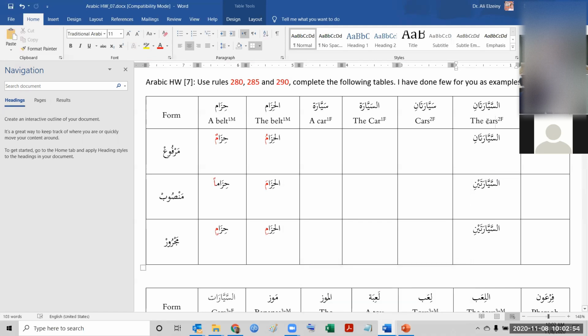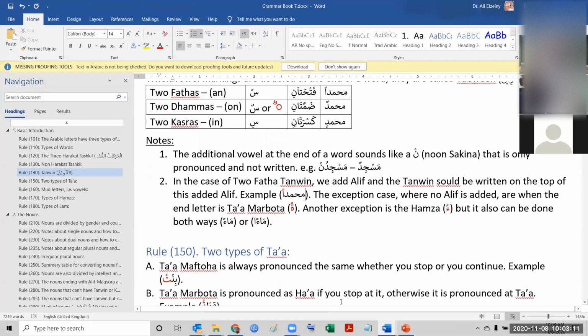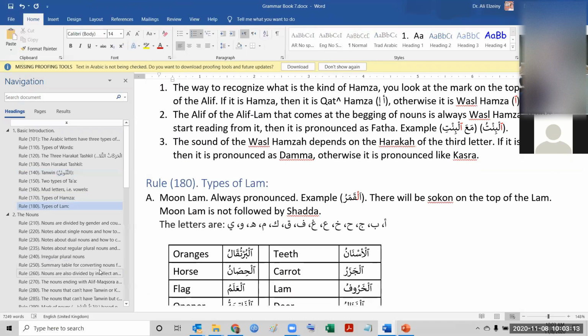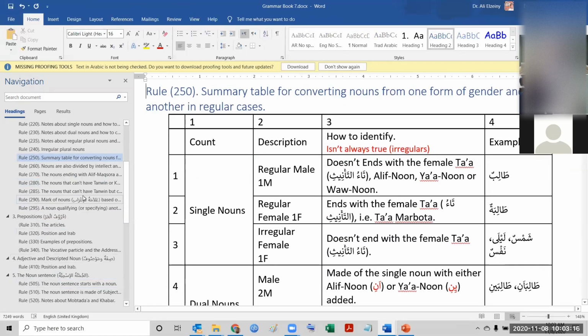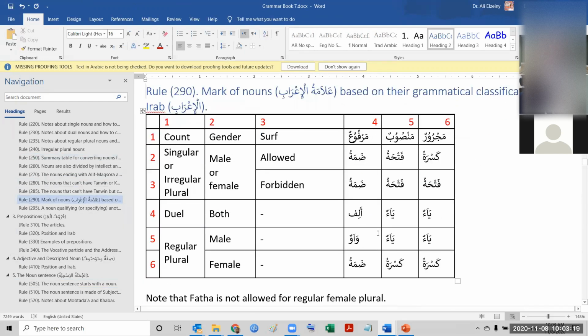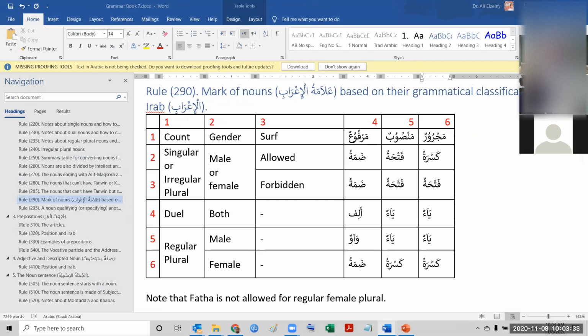Okay, صرف is not checked for dual nouns. And we know that. It's not questionable. It doesn't apply. Okay, so when we go see two female, we go to this table here. We find two female, two both, male and female. Marfo3 is alif. Mansob is ya. Majror is ya. So we go back to our homework.